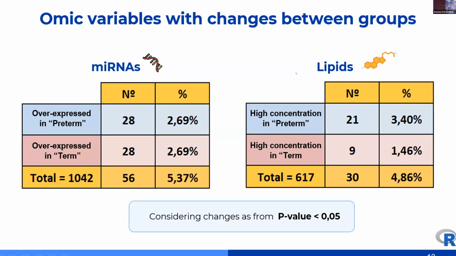It was unnecessary because we already have from the mass spectrometry a matrix with the counts of every lipid, so we could do the concentration analysis directly. We obtained that 21 lipids were in significantly higher concentration in the preterm group in comparison with term, and 9 in the case of term.